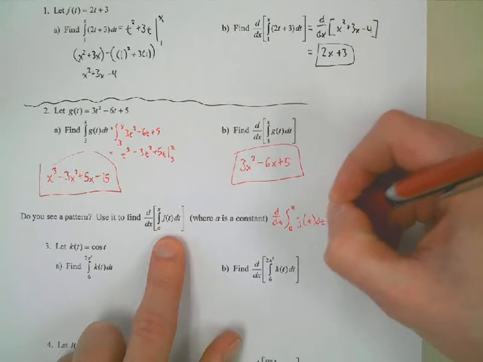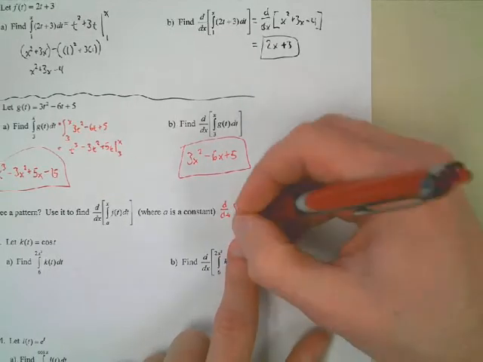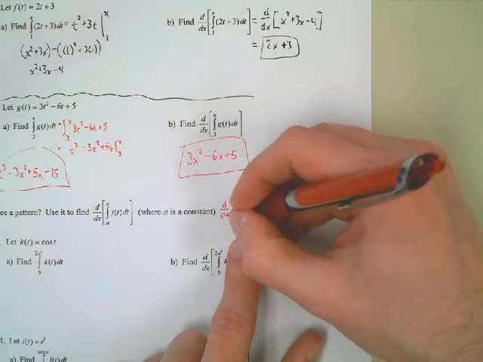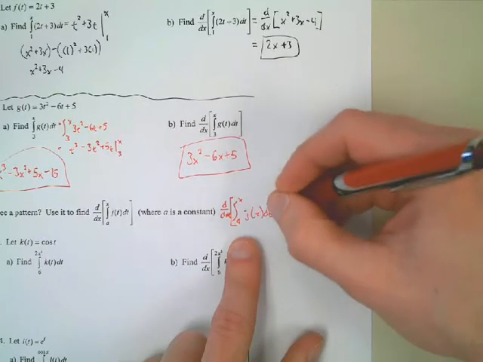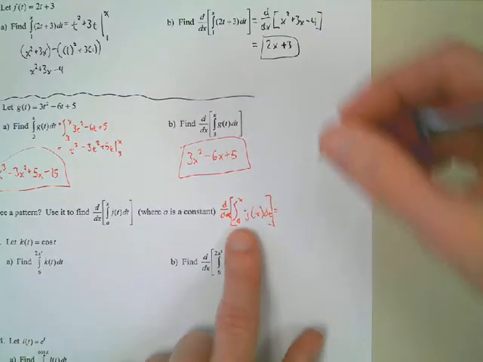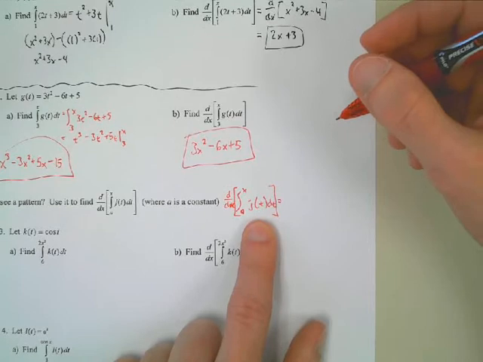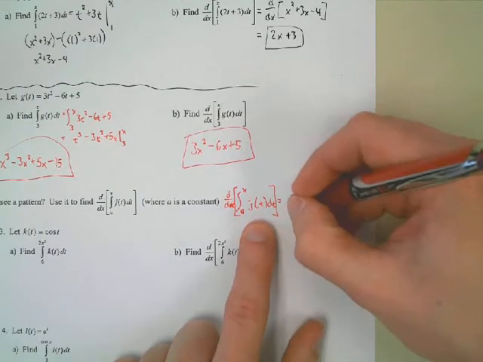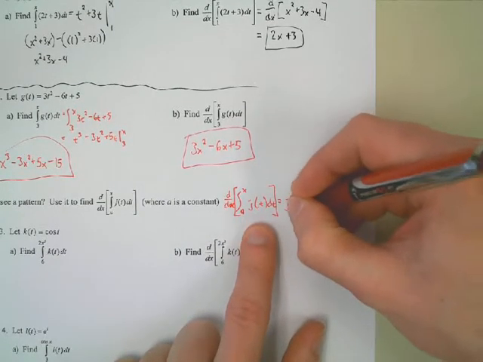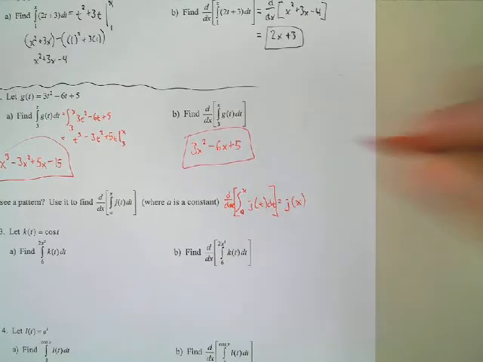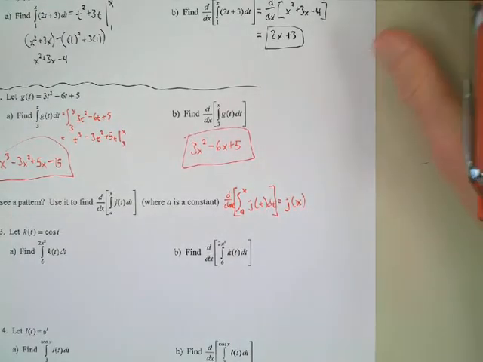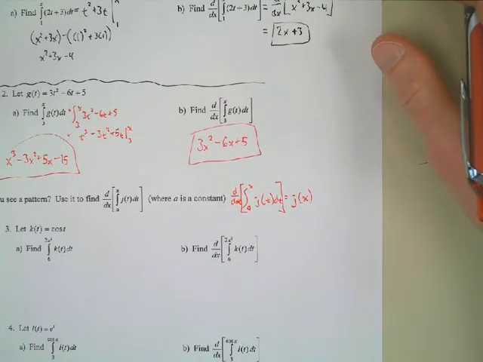What would we expect this to equal? If we take the derivative with respect to x, not t, of this function, what's going to change? It's just j of x. That's all it changes. Just j of x there. All right?